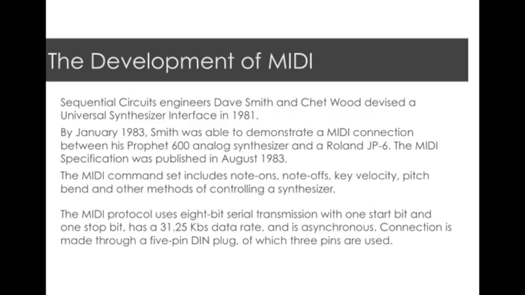These were different manufacturers, but they both had that capability, so the information could go from one synthesizer into the other one and trigger a device from that. By August 1983, we then have the official release of the MIDI specification, as it's called, and almost all the manufacturers of electronic instruments started to put MIDI capability on their devices.